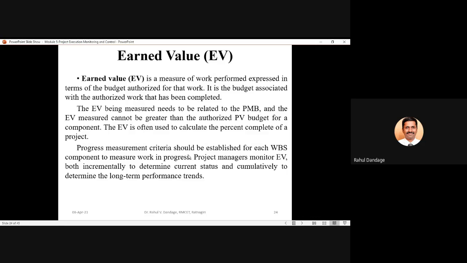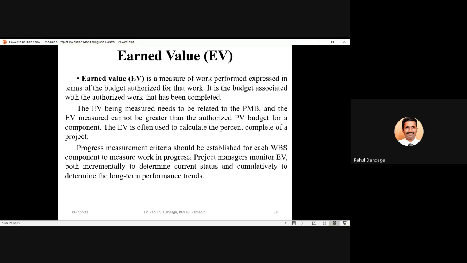In your project at any particular point of time, if you try to understand the earned value, then you should check how much work is performed, and depending on the budget authorized for that particular work, we may be able to understand the work performed expressed in terms of the authorized budget for that work.